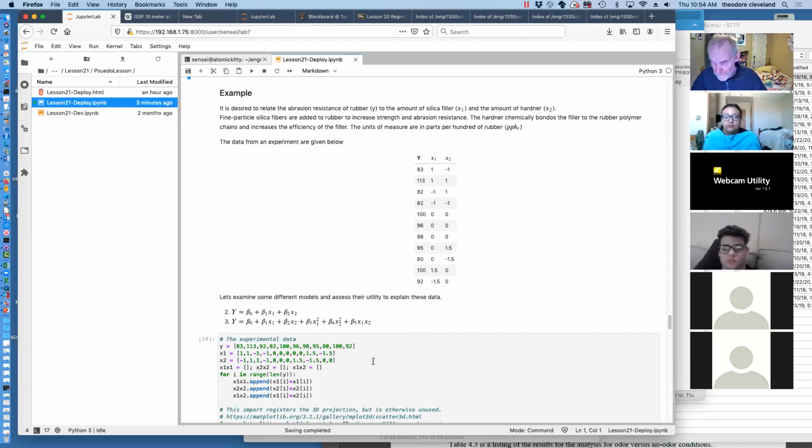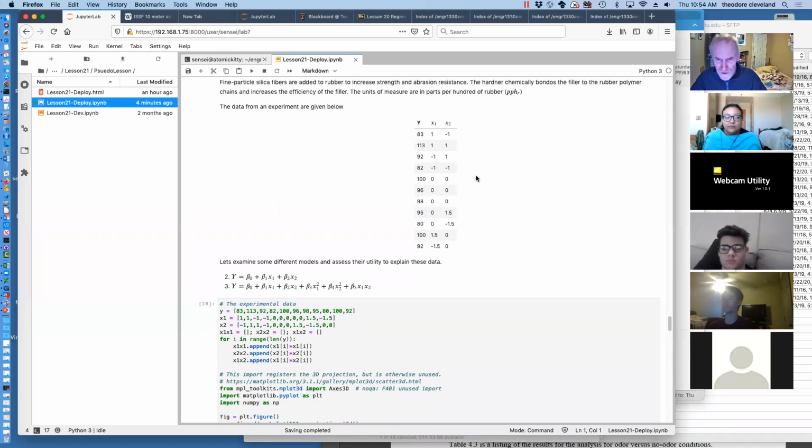So for example, if we put 1 part per 100 of silica filler and minus 1 part per 100 of hardener, so I guess we remove the amount of hardener that was there, we get a resistance of 83. If we add 1 silica filler, 1 hardener, we get a resistance of 113 and so on. So that's what this table is conveying to us.